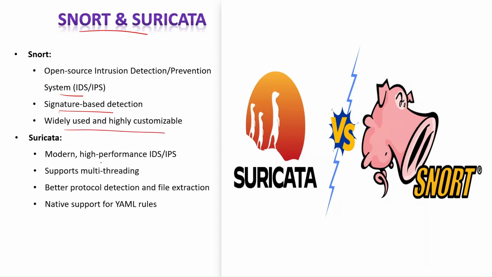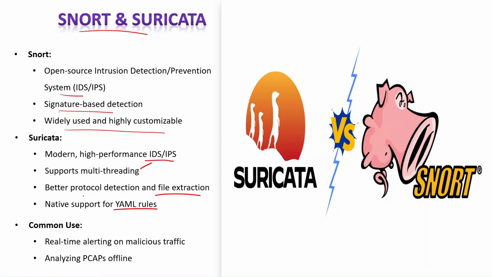Suricata is a modern high-performance intrusion detection and prevention system. It supports multi-threading, is better for protocol detection and file extraction, and has native support for YAML rules. Common use cases of these tools include real-time alerting on malicious traffic and analyzing PCAPs offline.